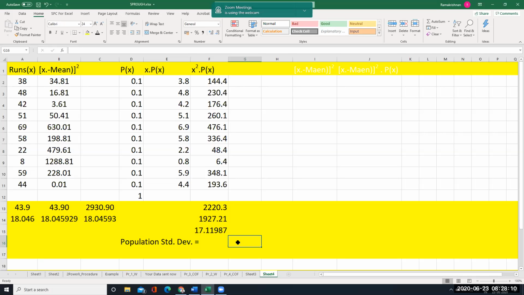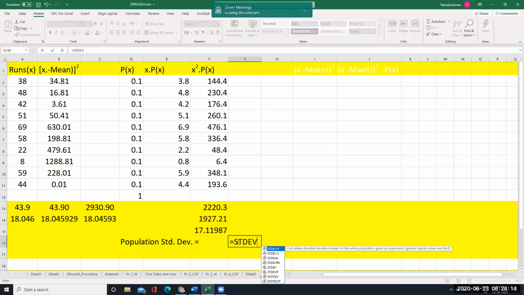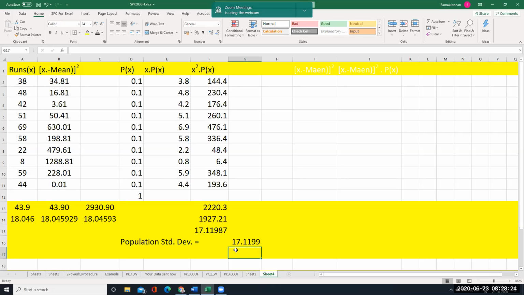I just put equal to STDEV.P of run. Run is the data. I will put it here. See, 17.1199. The same value I'm getting.